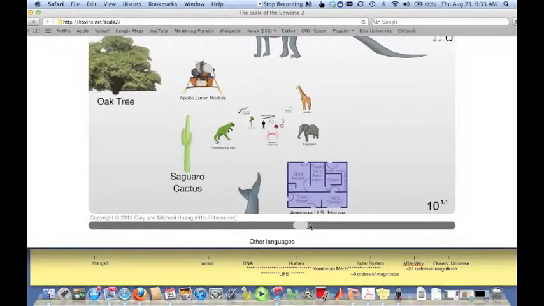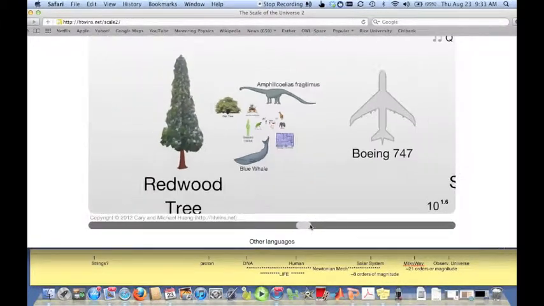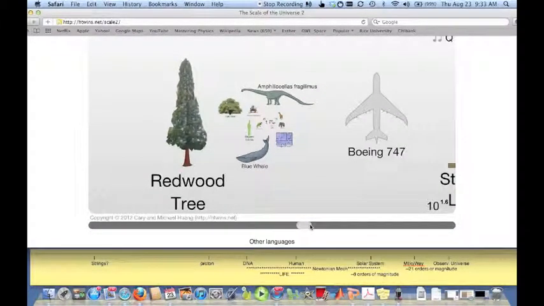Let's go to bigger animals. The biggest living thing, General Sherman, a tree in California, a redwood, a giant sequoia. The biggest animal that ever lived, the blue whale.